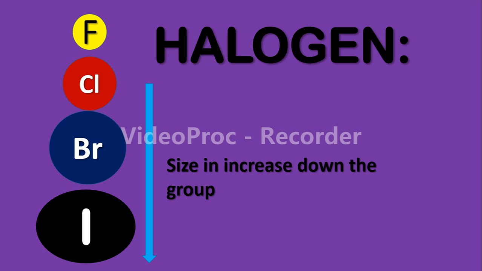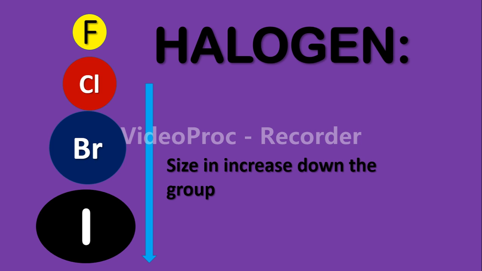Understand? So, when we move from top to bottom in the group, the size starts increasing. Due to the increase in size, the ionization energy starts decreasing, as well as their electron affinity. The atomic number also increases. Fluorine, chlorine, bromine, and iodine have the ability of salt forming.